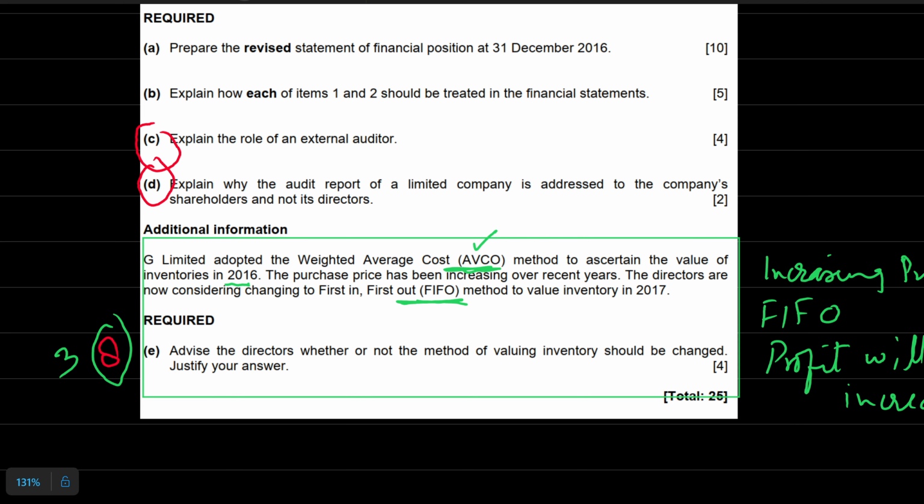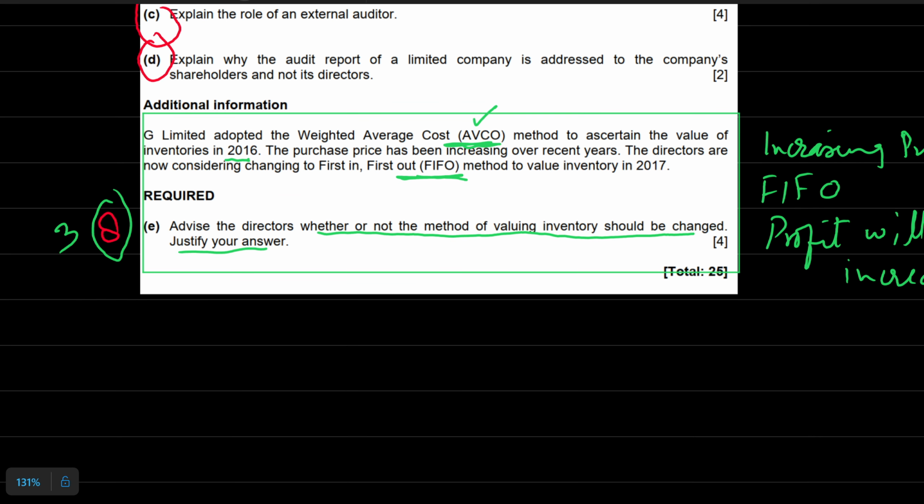Management wants to change the inventory valuation method from AVCO to FIFO, and we are required to advise whether or not the method of inventory valuation should be changed. Justify your answer. First of all, both AVCO and FIFO methods are allowed by IAS 2.